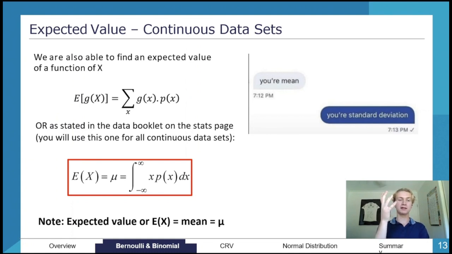Then one of the properties is that the integral between the maximum and minimum bounds of the probability density function is going to be 1. So if we're given a function, we can calculate the probability by integrating between the 2 points that are given.